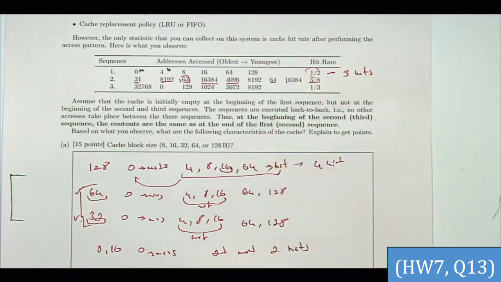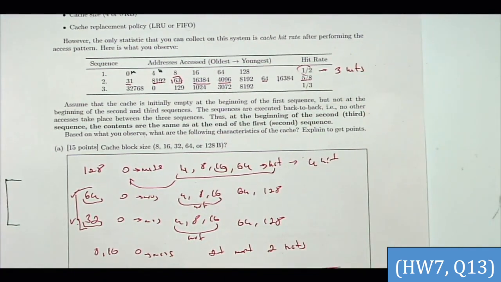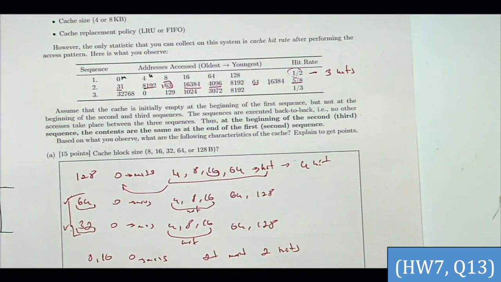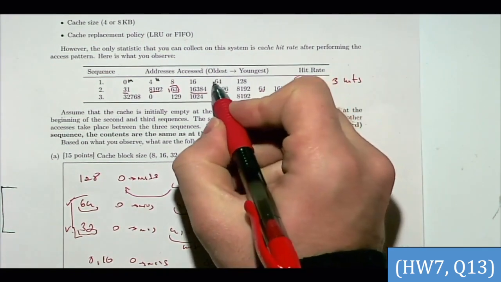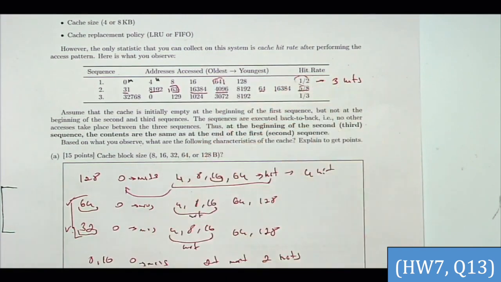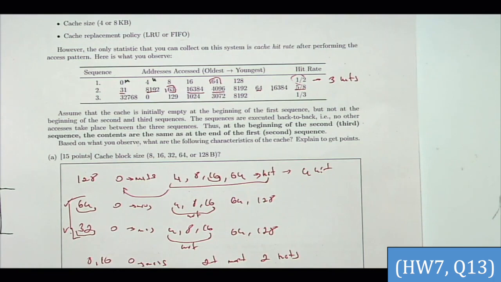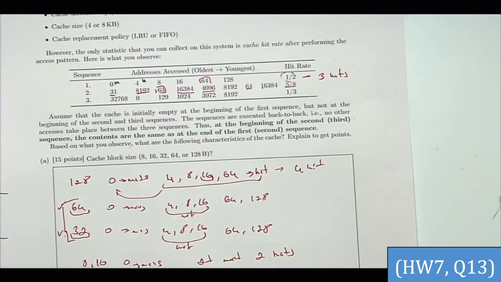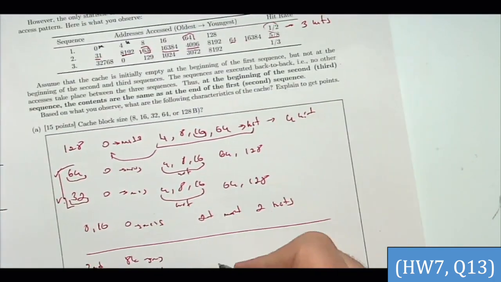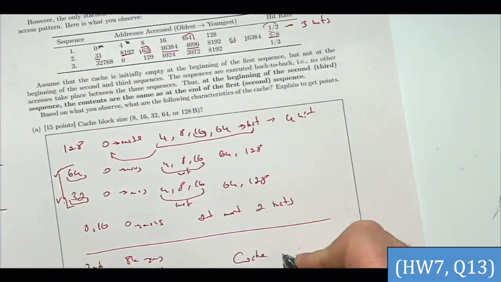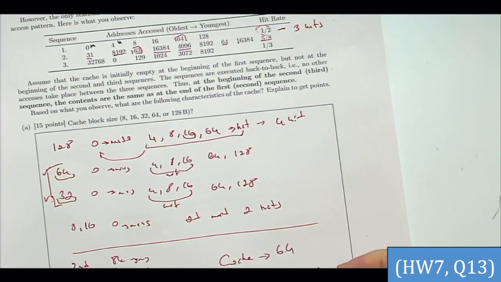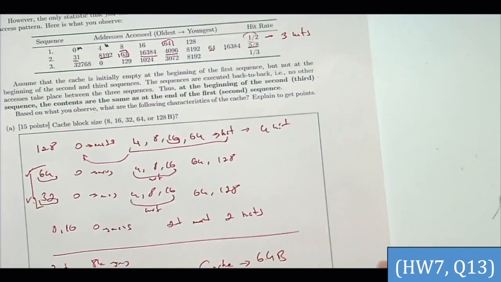But here 64 also needs to be a hit. But our cache size is 64. But the thing is, you need to get this: we previously accessed 64. So this is already in the cache. So this is also a hit, okay? So our cache size is basically 64 bytes, all right?